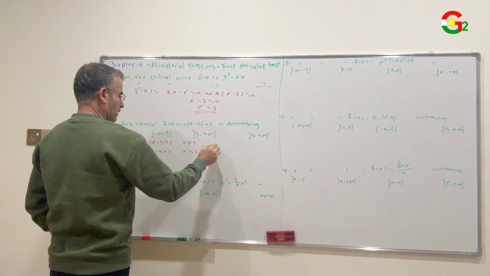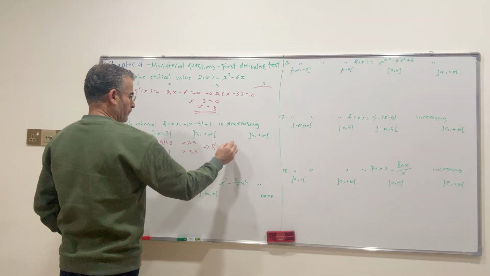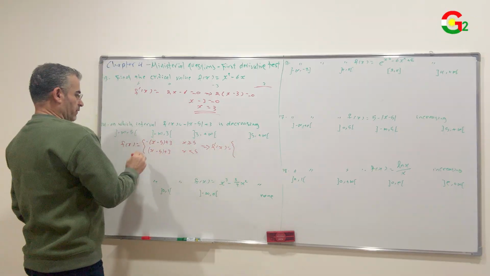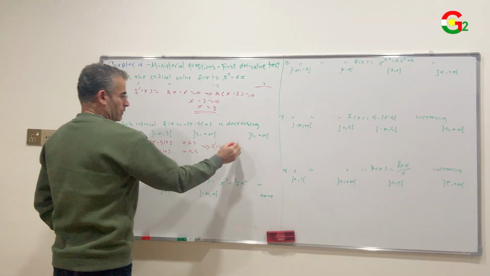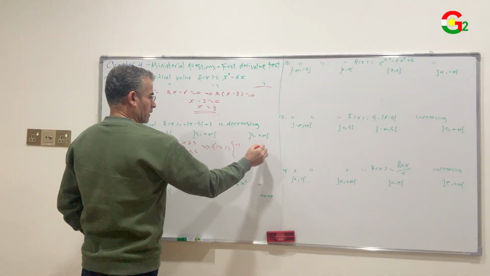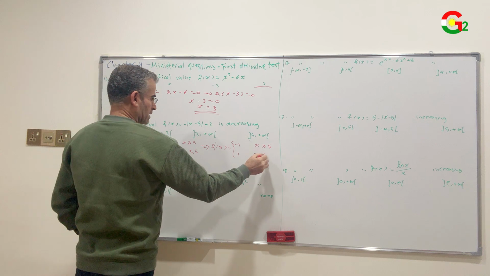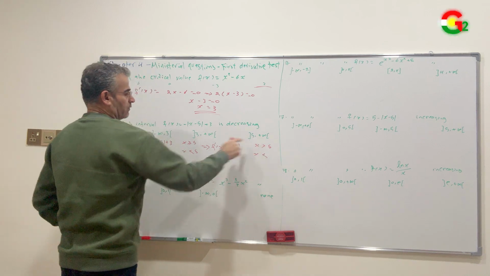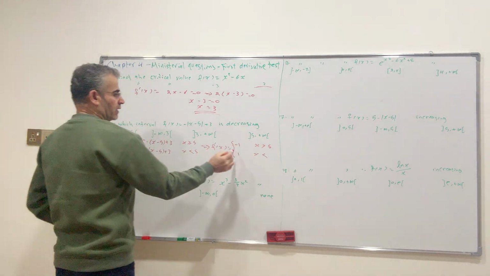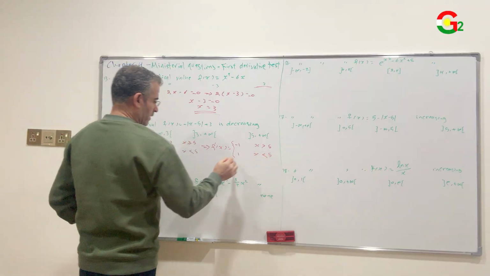Differentiate this function: f prime of x equals negative 1 when x is greater than 5, and 1 when x is less than 5.